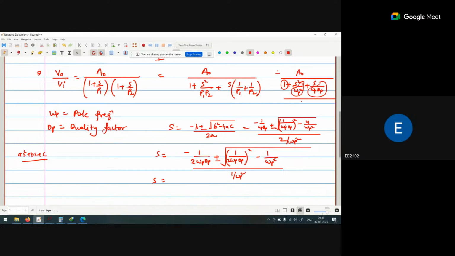2 upon omega p square. Because a is 1 upon omega p square, so it is a 2a.